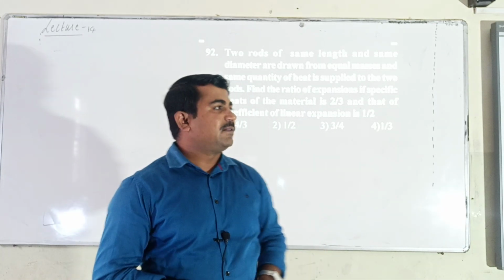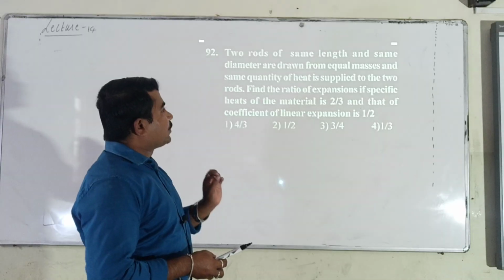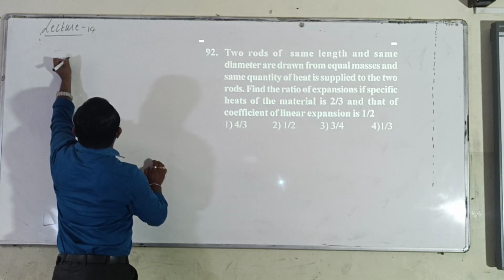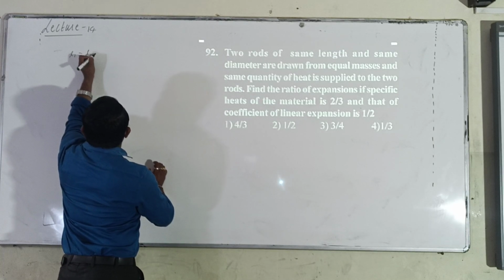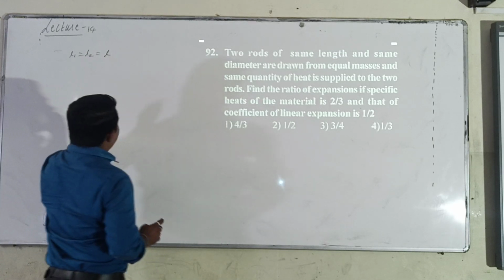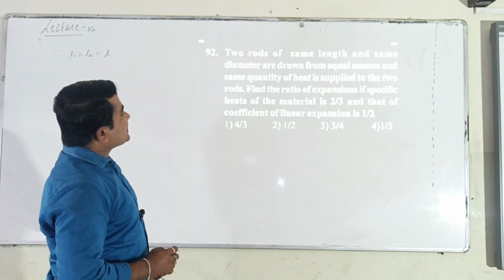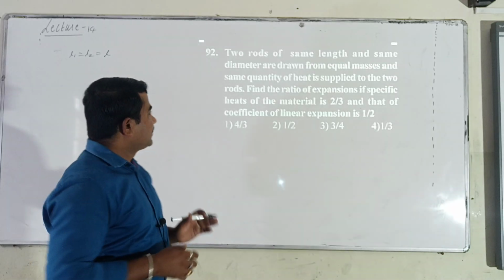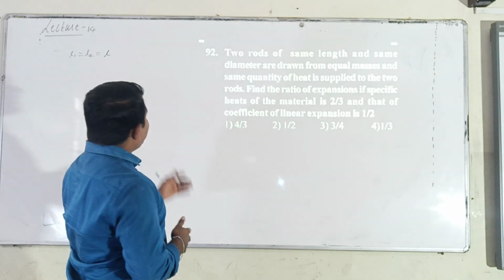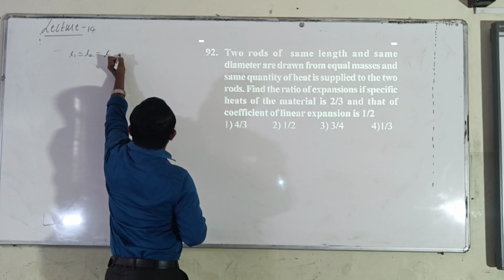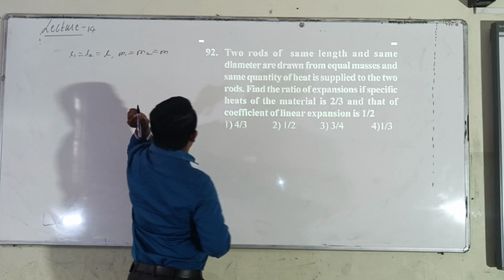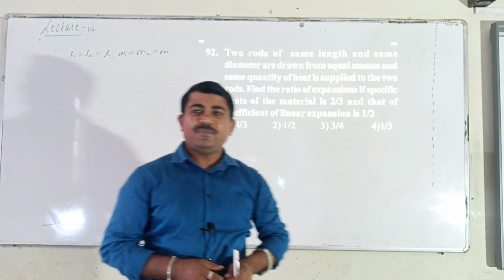The question is very simple. Here 2 materials are given, 2 rods of same length initially. 2 rods of same length mean L1 is equal to L2 is equal to L. Same diameter means same area. Equal masses mean again M1 is equal to M2 is equal to M. Right or wrong?